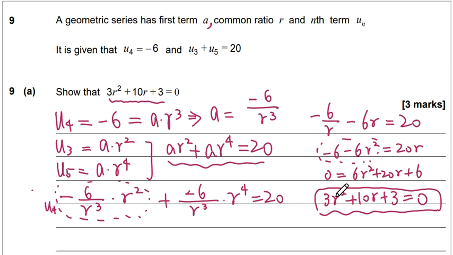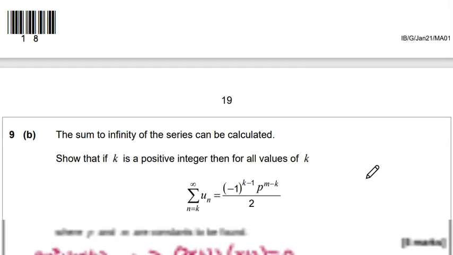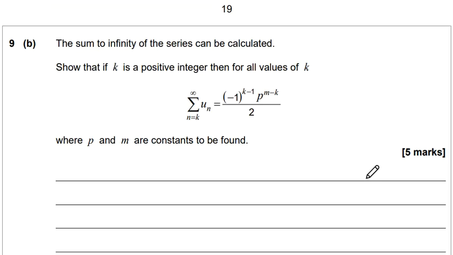Remember, from the first part, we know that 3r squared plus 10r plus 3 is equal to 0. That means that the common ratio r conforms to this equation. Now we can calculate the common ratio r here.